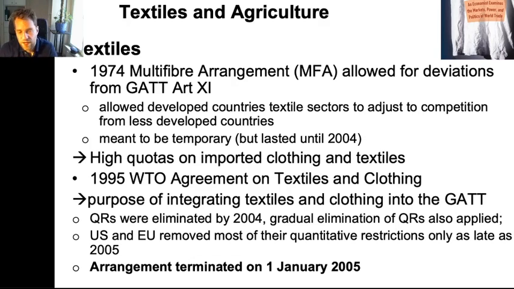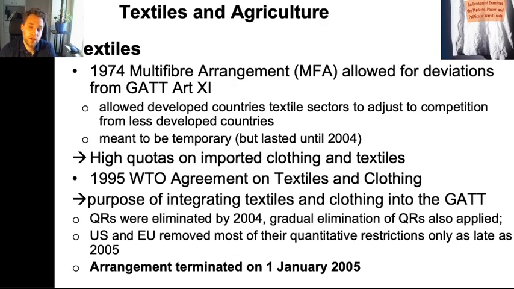But it was meant to be temporary to help them adjust, but at the end of the day they should also face market competition, but it lasted for 30 years. So what you can see here is that this was, as understandable as it was back when all of these sectors had to adjust to new competition, at the end of the day outright protectionism.